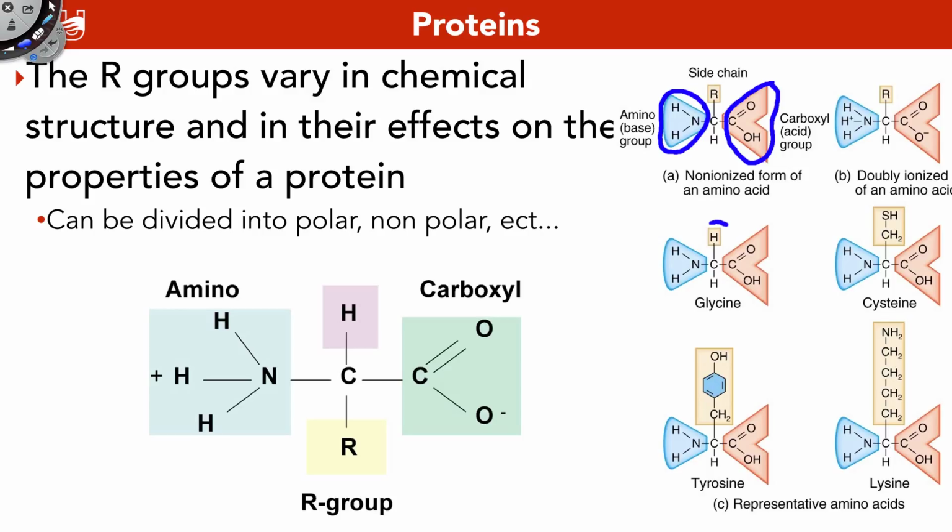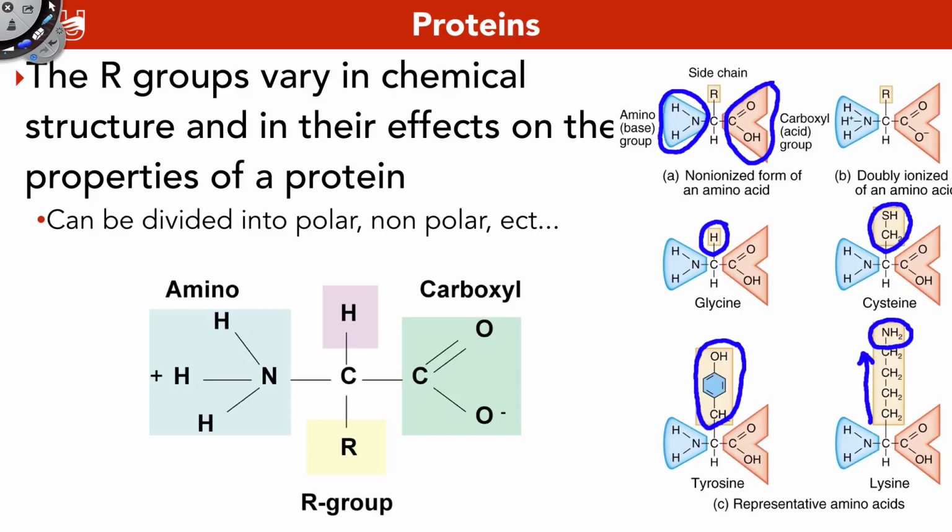So here we have glycine. Glycine, that R group is a hydrogen. Okay? Tyrosine, that R group has a benzene and an OH group. All right? Lysine, we have several carbon hydrogens and a nitrogen group here. Again, the R group is different. Cysteine, again, we're going to have a sulfur group involved in it.